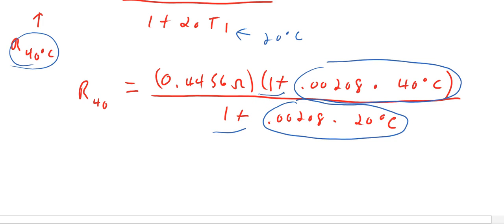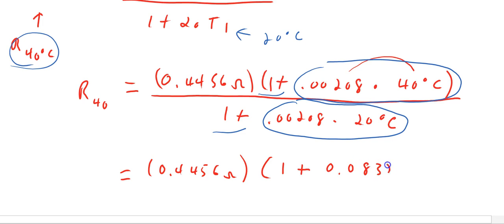And so, what we will do is say that this is equal to 0.4456 ohms outside of 1 plus. Now, the 0.00208 times 40 gives us 0.0832.